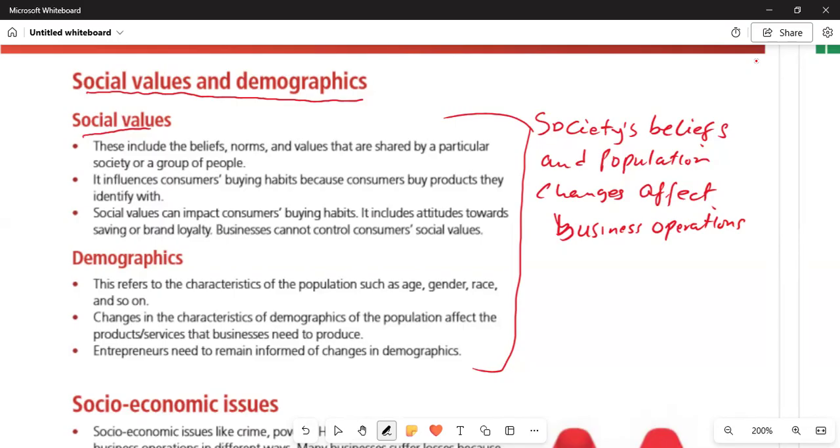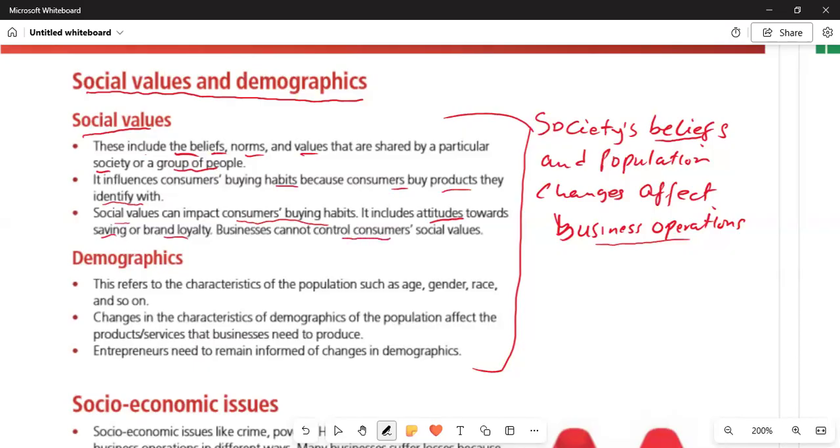This includes the beliefs, norms, and values that are shared by a particular society or group of people. It influences consumers' buying habits, because consumers buy products they identify with. Social values can impact consumer buying habits, including attitudes towards safety and brand loyalty.